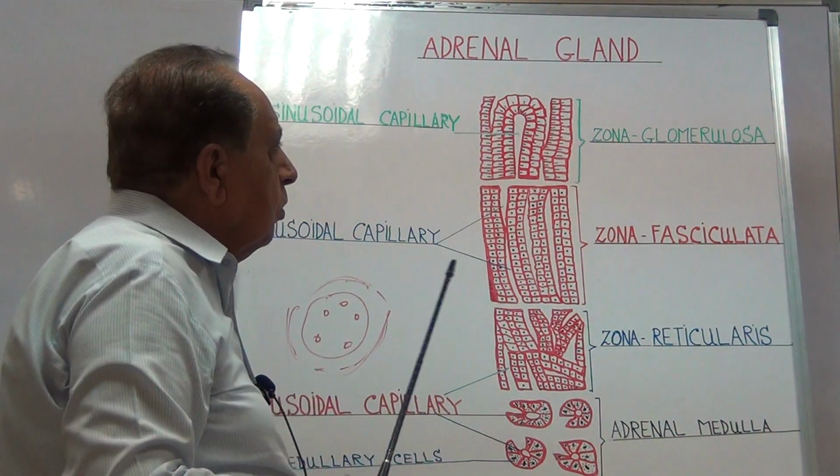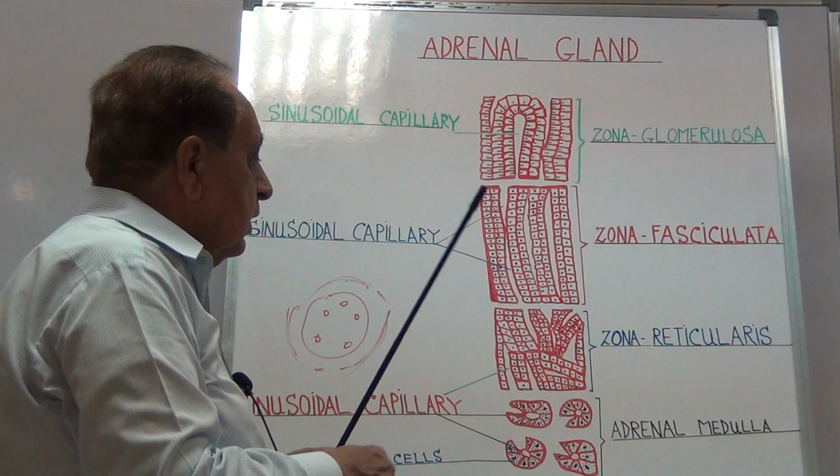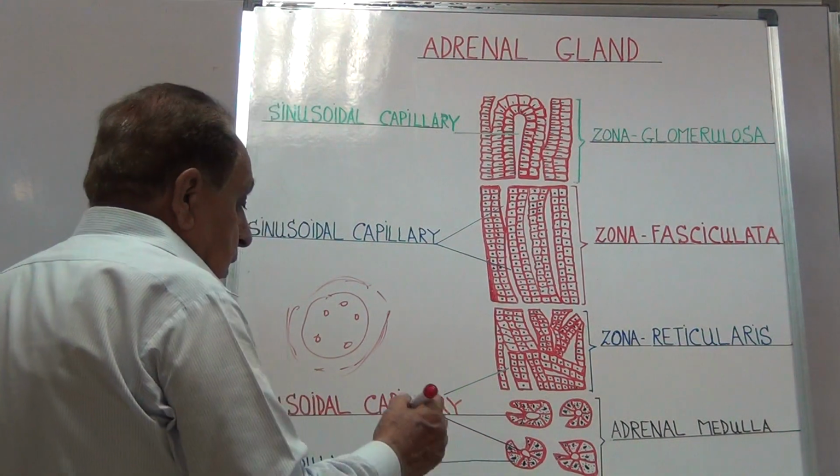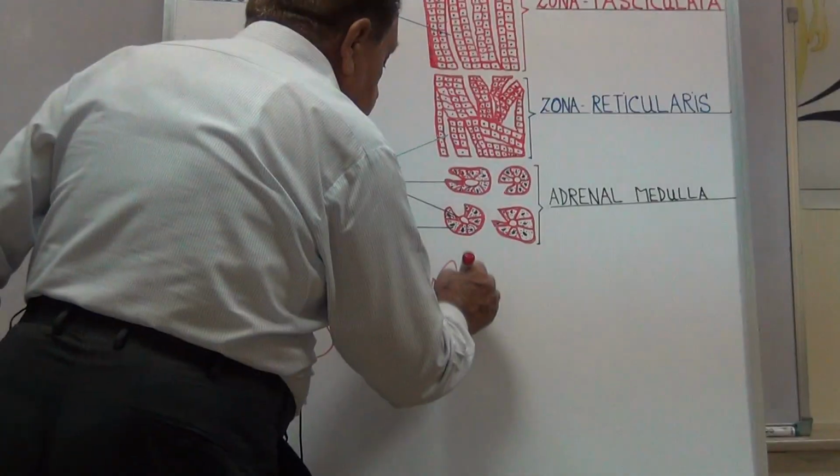Now, the cells of the zona glomerulosa secrete mineralocorticoids.